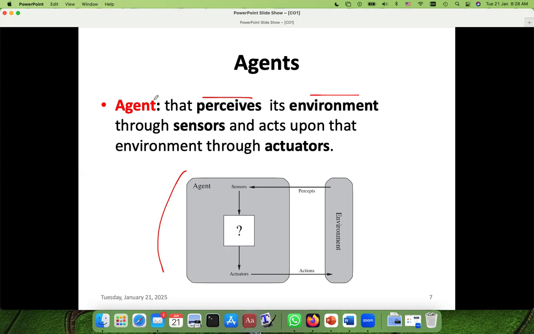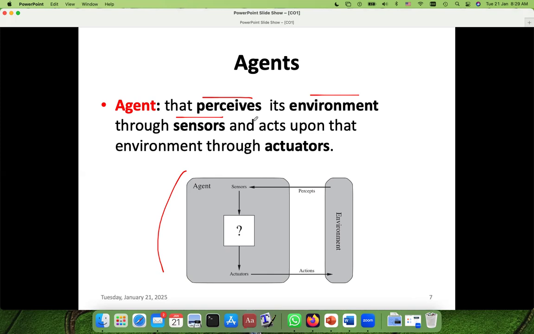And how can our agent perceive or observe? Through sensors, okay? Through sensors, your agent can read the data from the environment. And then after taking that input, it can process, and after processing, it will reach some decision.